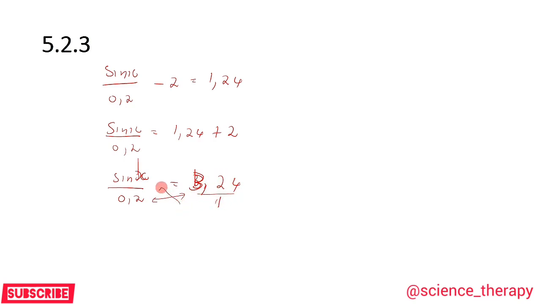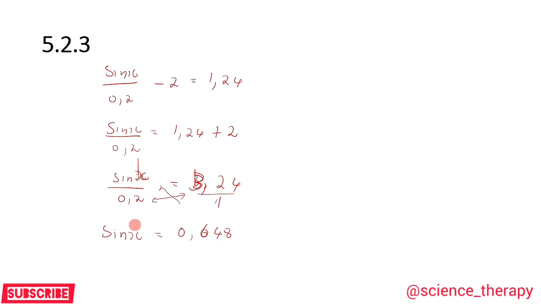So if you cross multiply here, you have sine x multiplied by 1 is sine x. And then you have 0.2 multiplied by 3.24. That gives you 0.648.